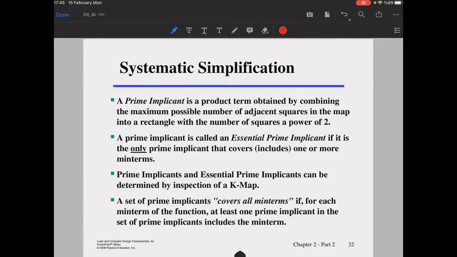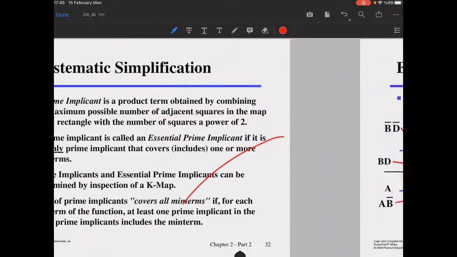That's what we're doing so far. And it is called the essential prime implicant if it is covered by only one prime implicant, but no other. Otherwise, they are just prime implicants.